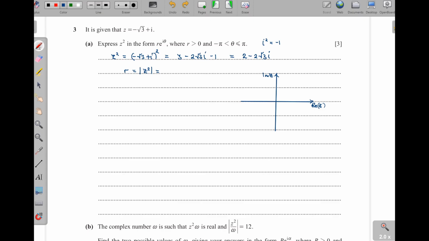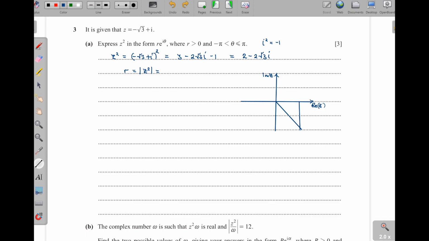We are having the real part is 2, it is positive, then the imaginary is negative. So positive real axis, then negative imaginary axis. That means this one is in here. This should be the quadrant within which it lies. Then I can connect these points here.